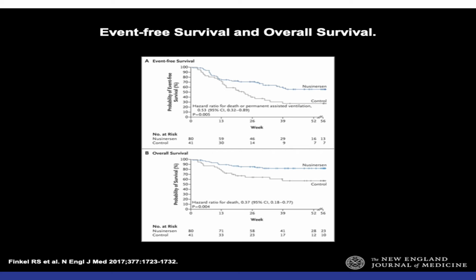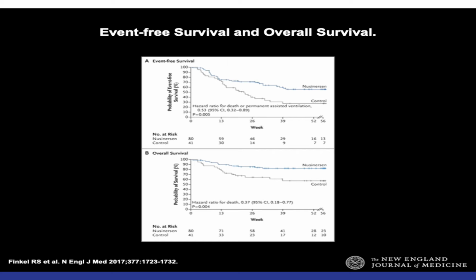These charts show the results of the phase 3 clinical trial studying the effectiveness of nusinersen on overall survival and the probability of event-free survival, which was defined as time to death or the use of permanent ventilation assistance.